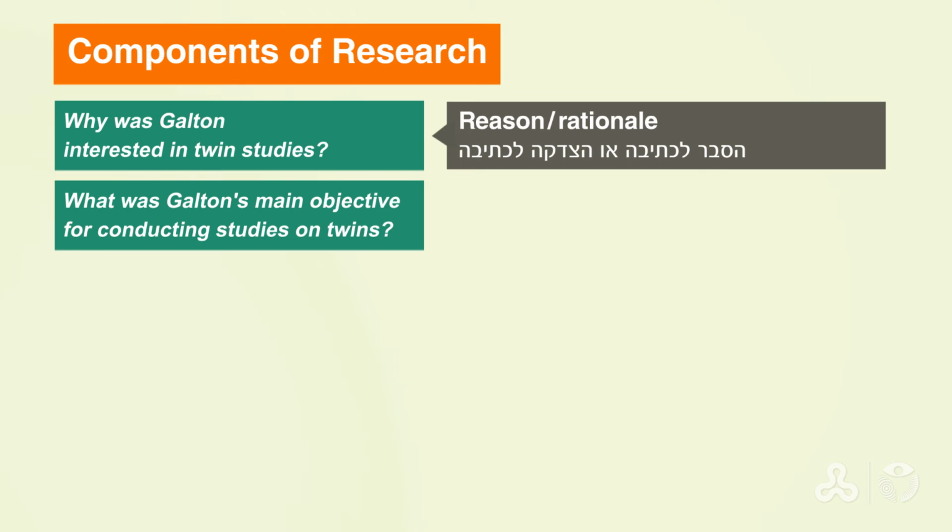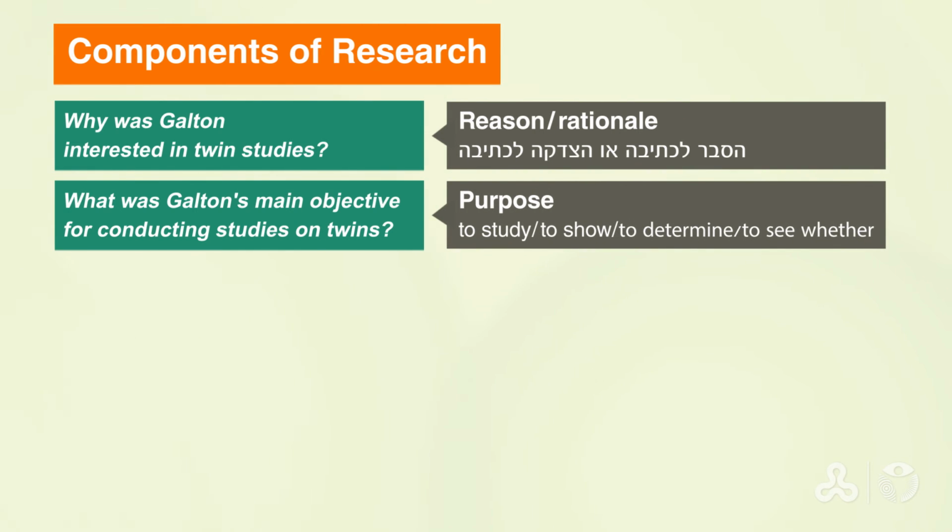Now let's look at the second question that we did together. What was Galton's main objective for conducting studies on twins? Now remember that we said the word objective means purpose, מטרה. So here again we have the purpose of research, כן, המטרה של המחקר.